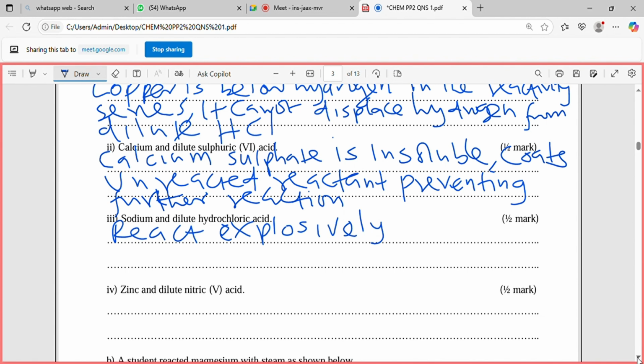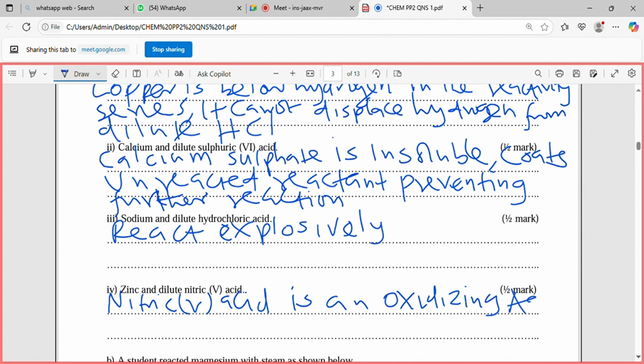So nitric(V) acid is an oxidizing agent, and the hydrogen gas formed is oxidized to water.